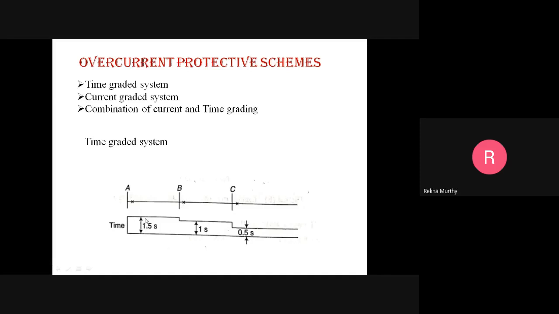A will trip. But the drawback of this scheme is that for faults near the power source side, the operating time is more, around 1.5 seconds, but towards the load it is 0.5 seconds.